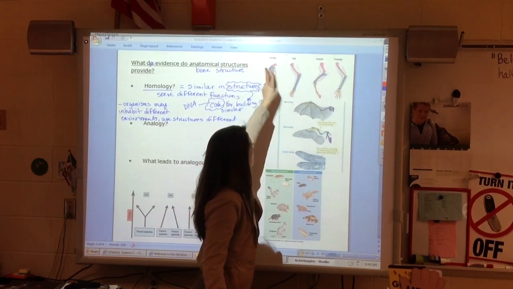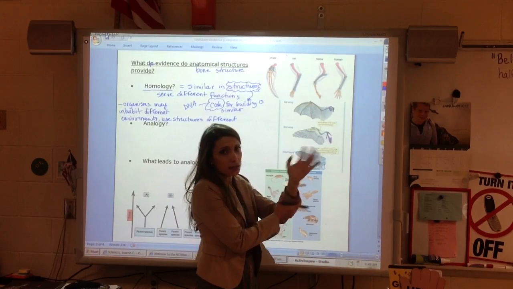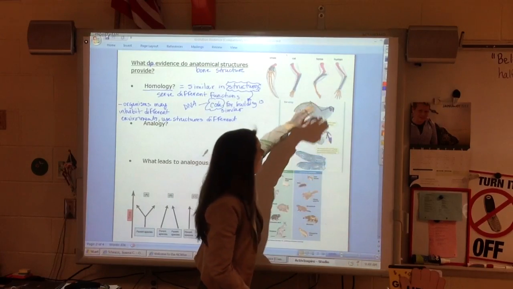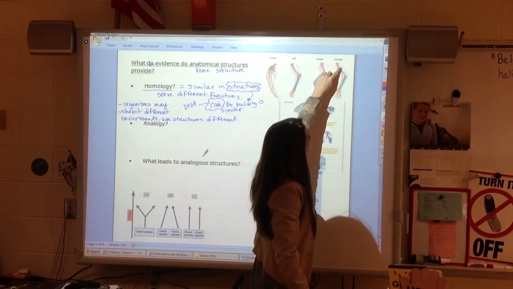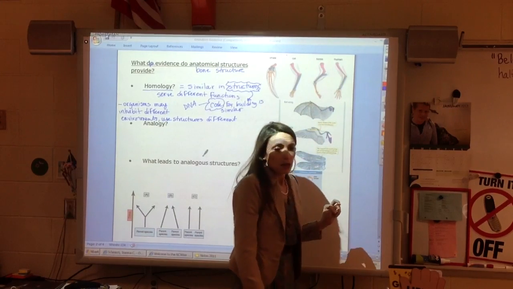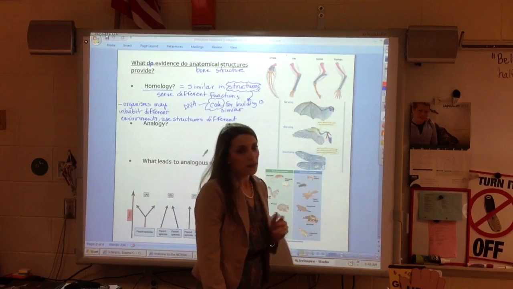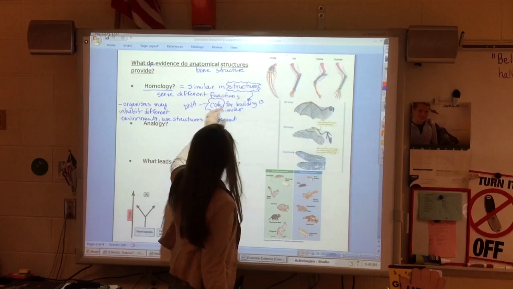We also see two kind of parallel bones, and that's your radius and your ulna. And then you've got the humerus, which is up here, this kind of top arm bone. Interestingly enough, what we see is that these four organisms have a very similar bone arrangement.